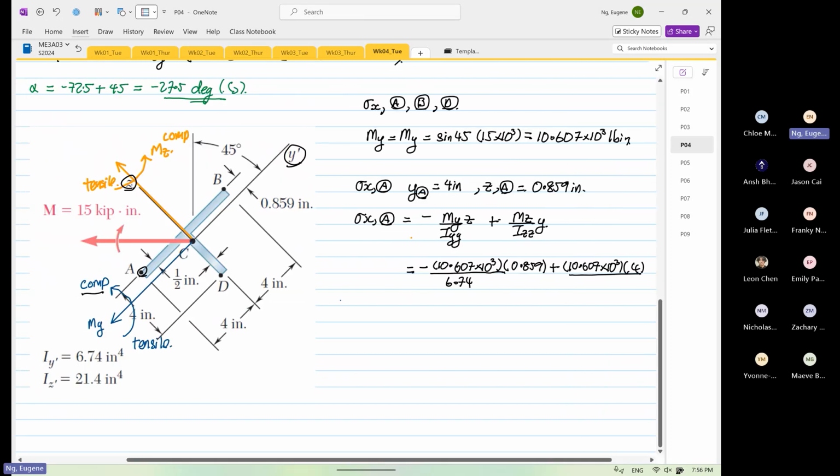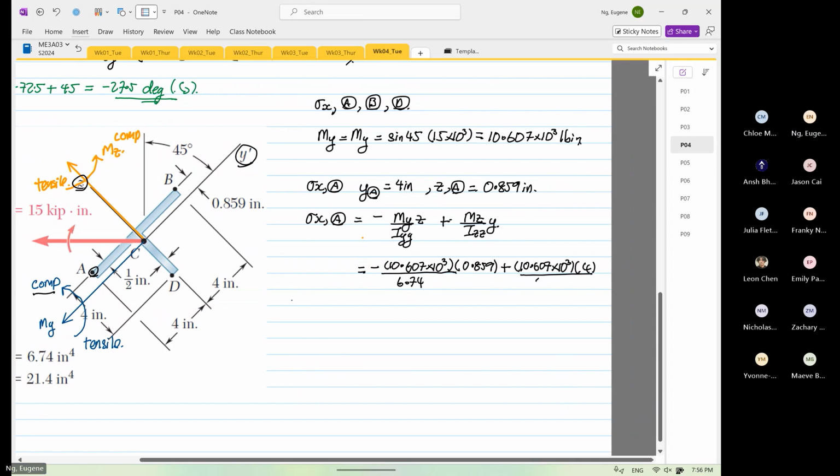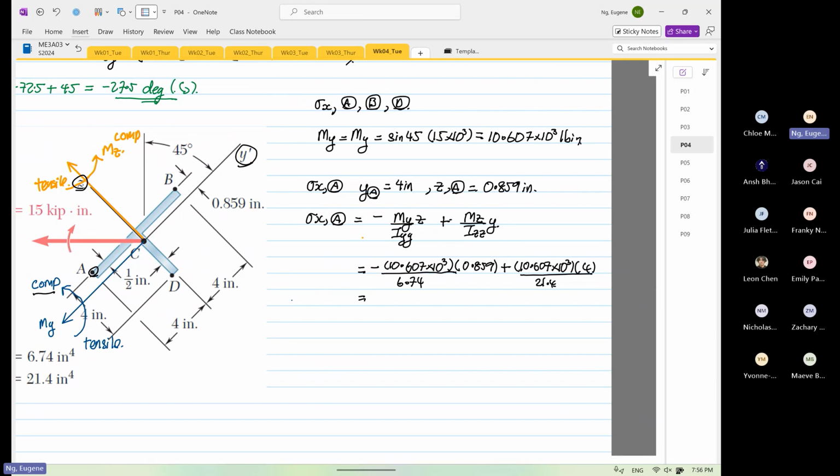So Izz is given to us, 21.4. So when we calculate this, 10.607 times 10 to the power 3 times 0.859 divided by 6.74 is equal to minus 1.352 times 10 to the power 3.